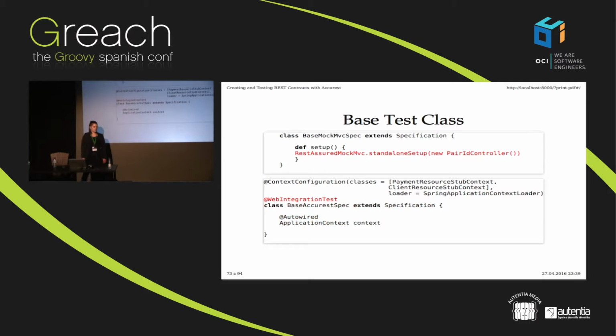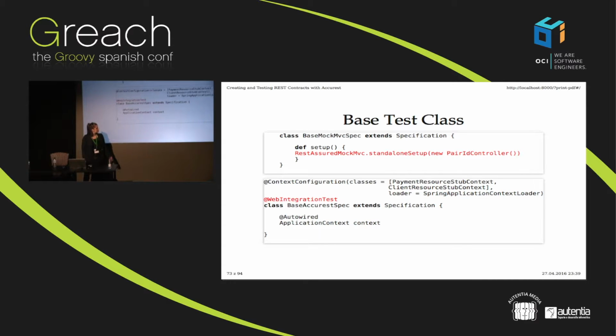So the only thing the users have to do to use this automatically generated test is to provide a base test class, because the container or the entire application has to be run, so these tests can be run against it. And there are, as I've said, various options. We have MockMvc, so we can use REST Assured MockMvc, and this is as simple as this.